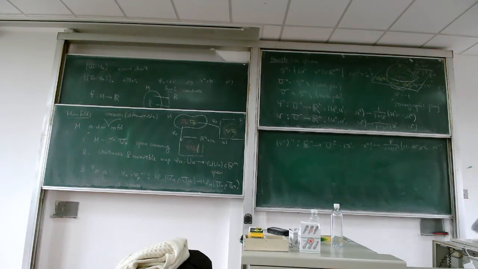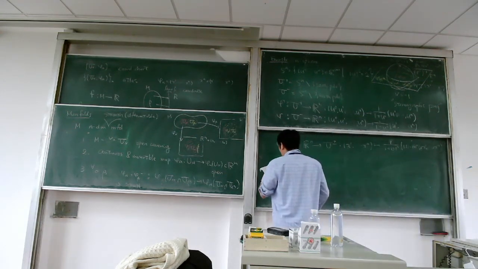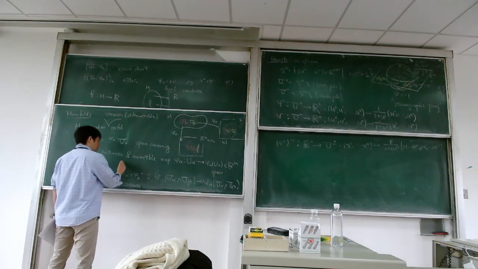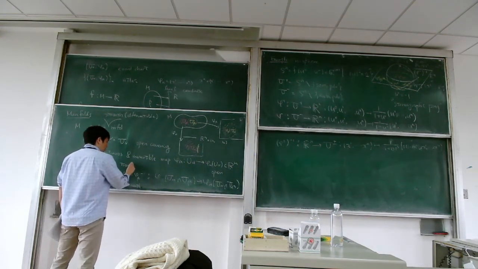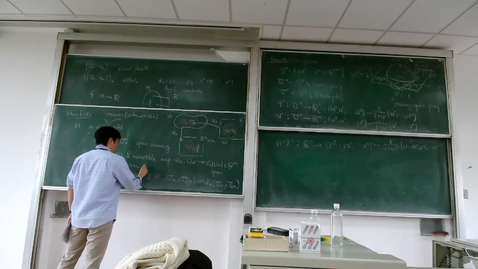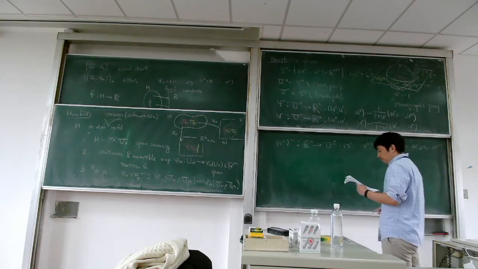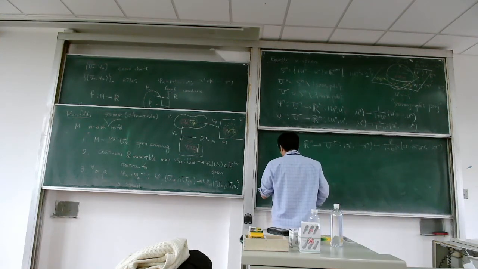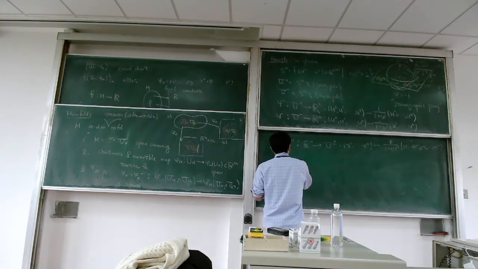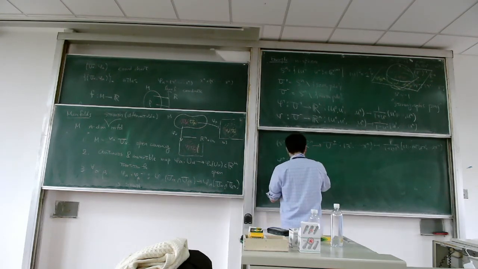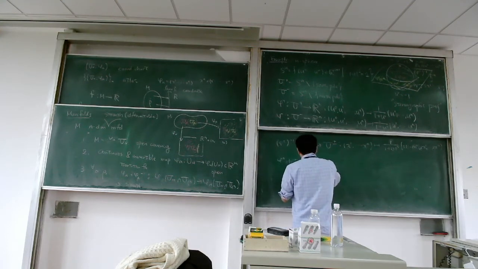Good. And now one can define the transition function. Sometimes called the transition function. So phi minus inverse composed with phi plus of x.